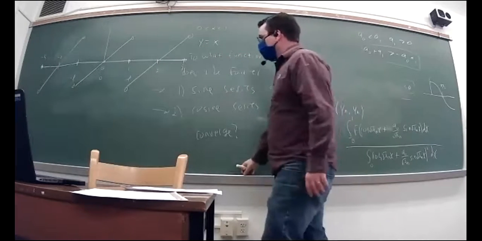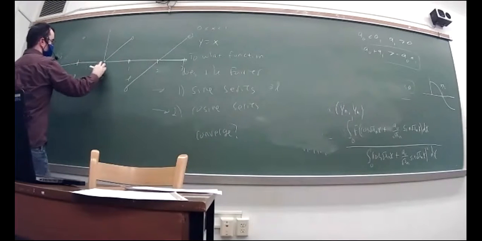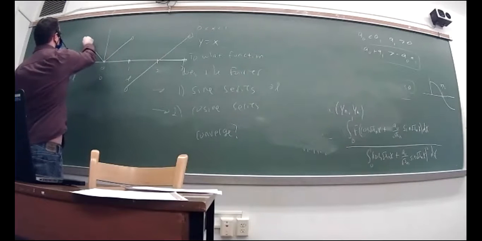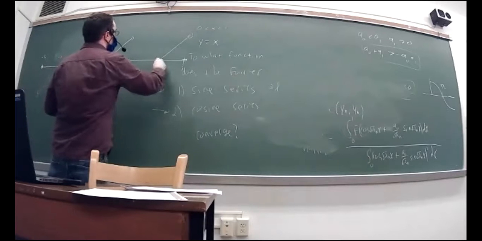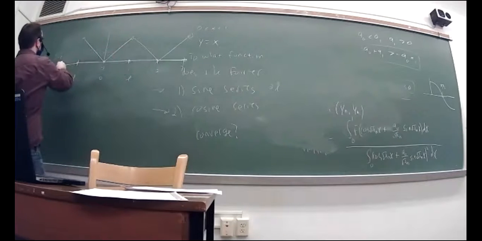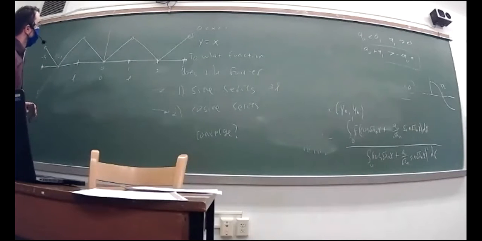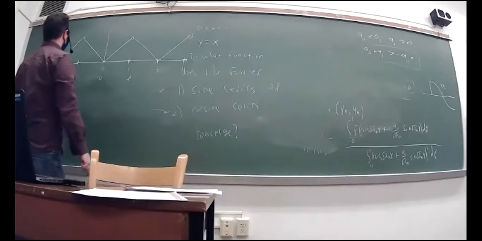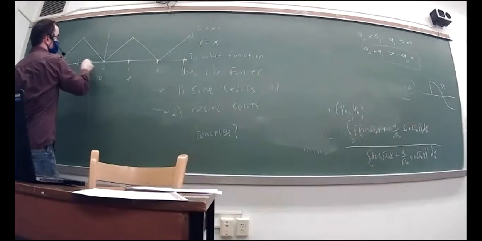Whereas for the cosine series, you would want to take now the even extension, which would look something like that. So the even extension of this function looks like this, with these holes sort of not defined.